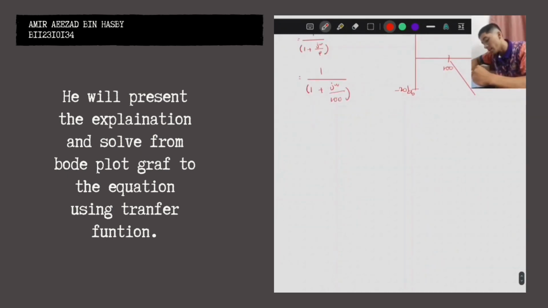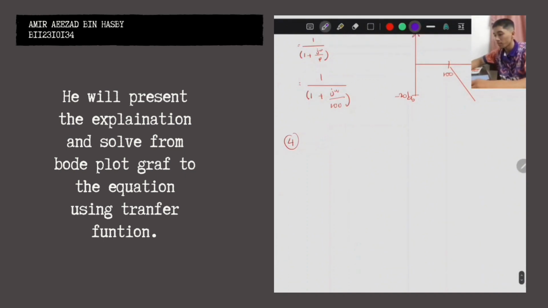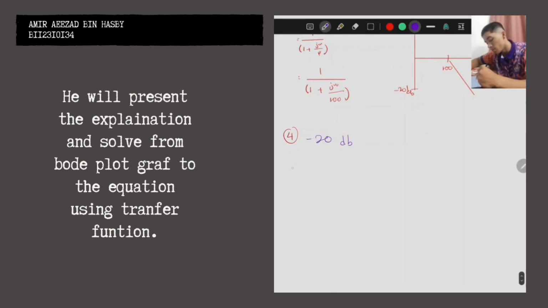So we use again the same equation as for the third part. We know that the slope from the third part is 0.